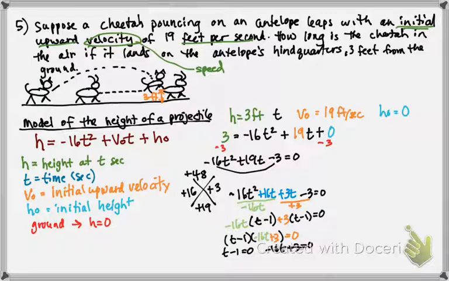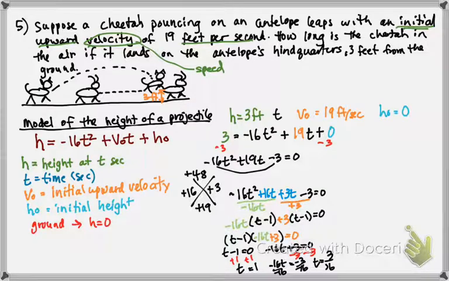Add 1 to both sides. This one I'm going to subtract 3 from both sides. So I get t equals 1. And then over here I have negative 16t equals negative 3, divide by negative 16. And I get t equals 3/16.